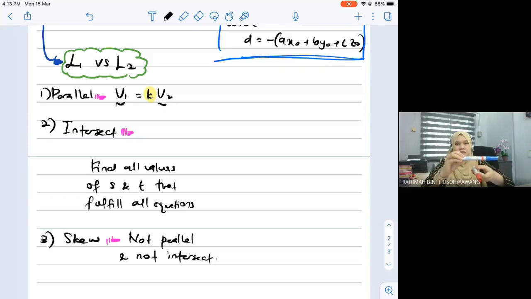One of the applications for skew lines, you ever heard about the air traffic controller? Pekerjaan air traffic controller, tahu? Yes. Okay, air traffic controller ni dia nak kawal traffic kapal terbang kan, laluan kapal terbang. Dia kena monitor screen, ada satu screen besar, dia kena tengok laluan setiap kapal terbang tu.